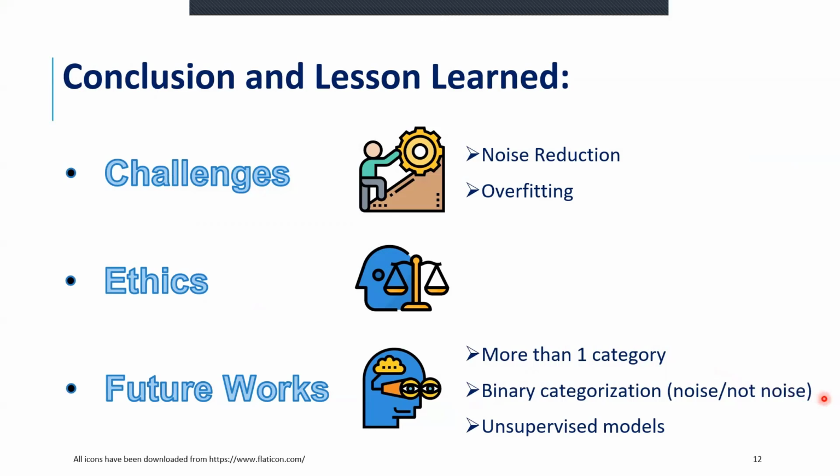We also have another option, which is binary categorization: is this file noise or not? This kind of classification can be useful when we are trying to reduce the sound volume when we have pure noise. For example, there is the sound of a vacuum cleaner, and we want to reduce the volume as much as possible during that time.